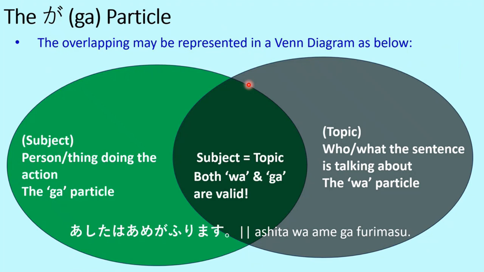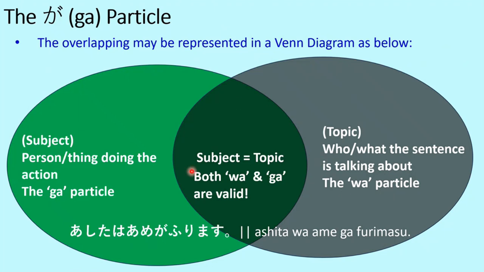This is a very, very important Venn diagram which clarifies this confusion. So as you can see, this section is the subject, the person or the thing doing the action, where the ga particle will be used. This is the same Ashita wa ame ga furimasu. And on this side, we have the topic, who or what the sentence is talking about, which will be marked by the wa particle, the topic marker.